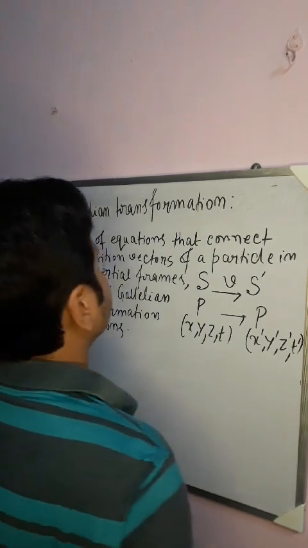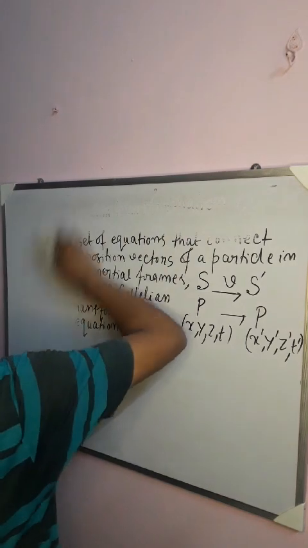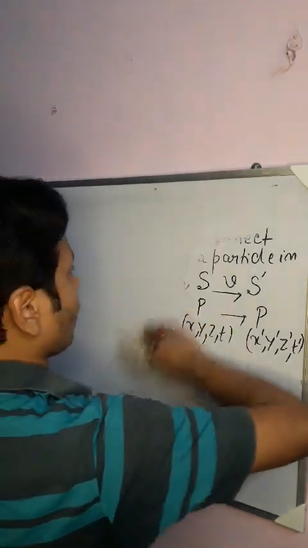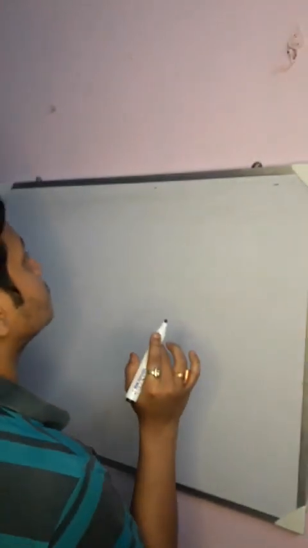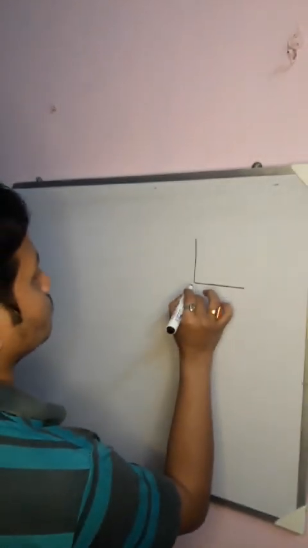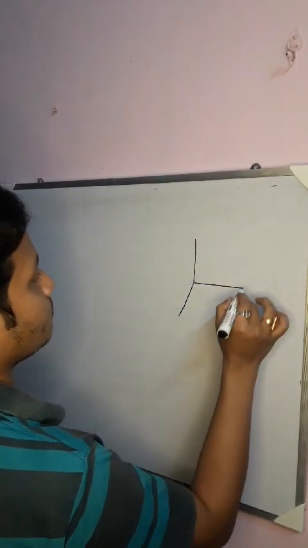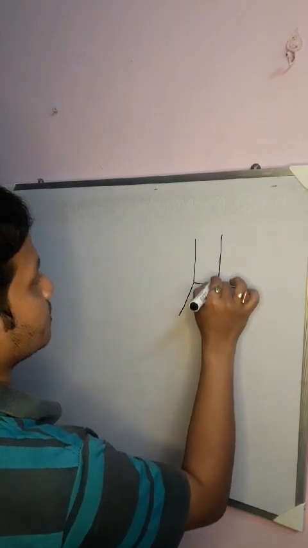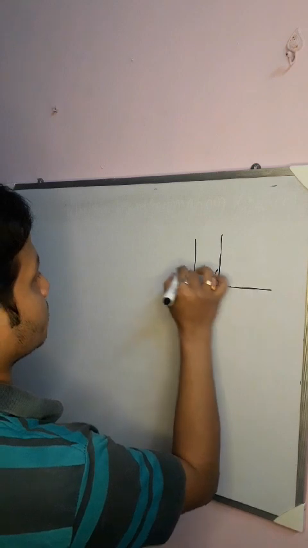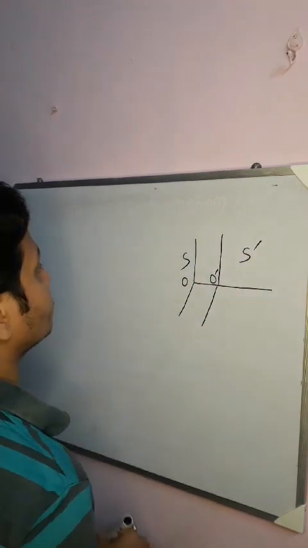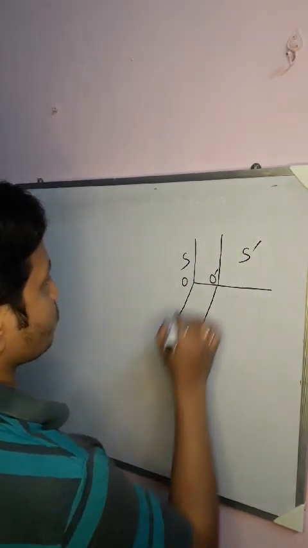Let us try to understand this. Suppose this is the S frame, and this is the S dash frame, with origin O dash.